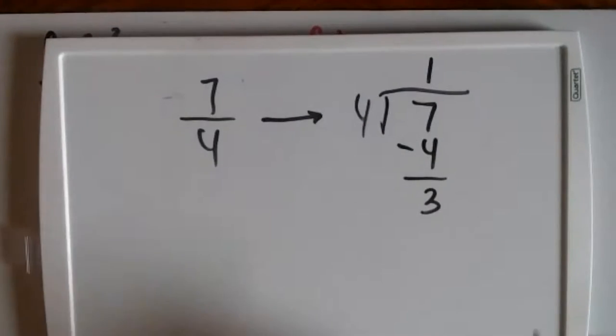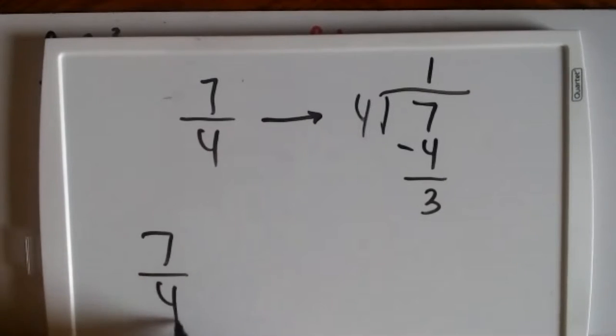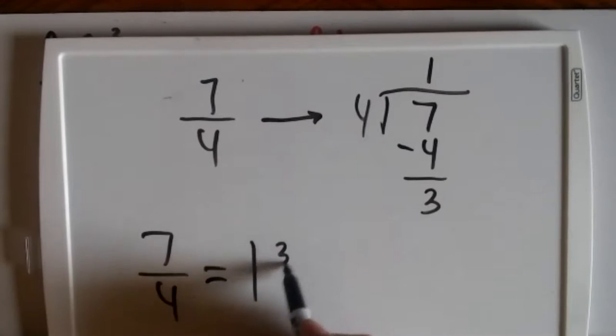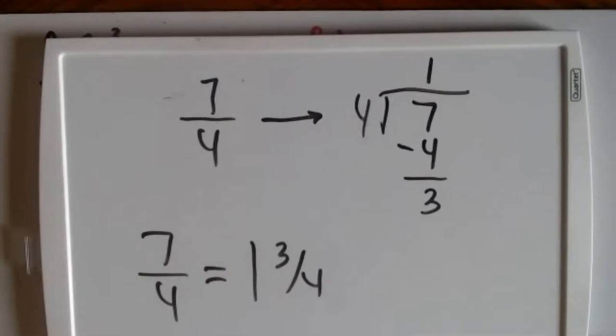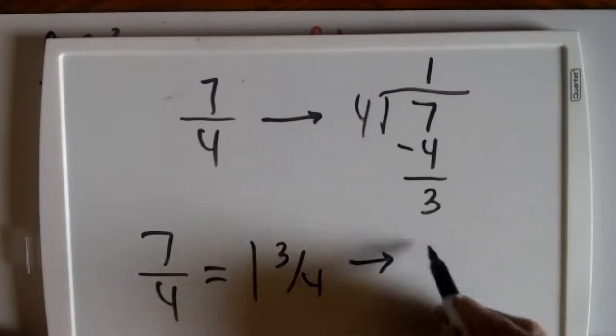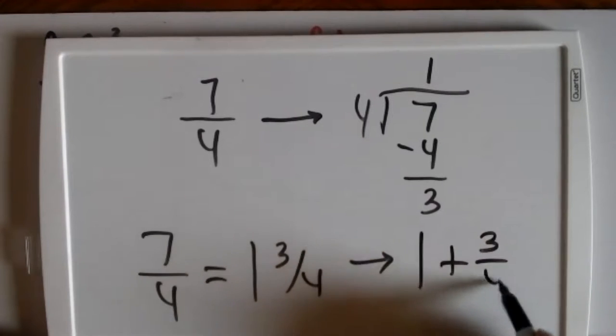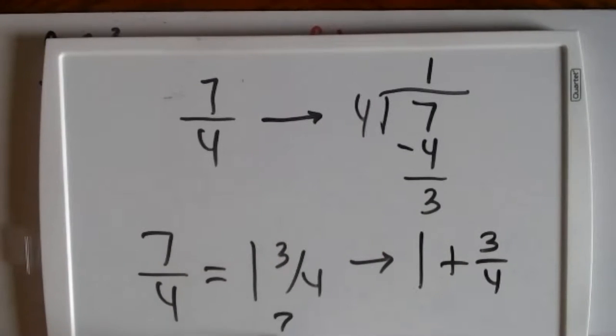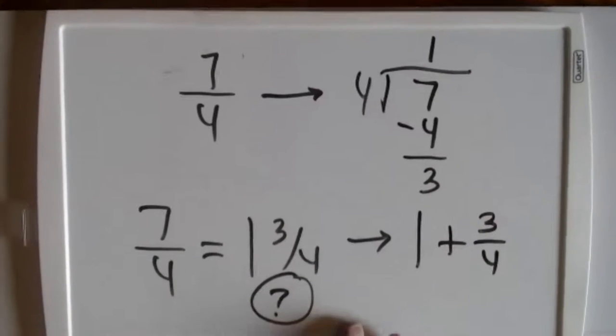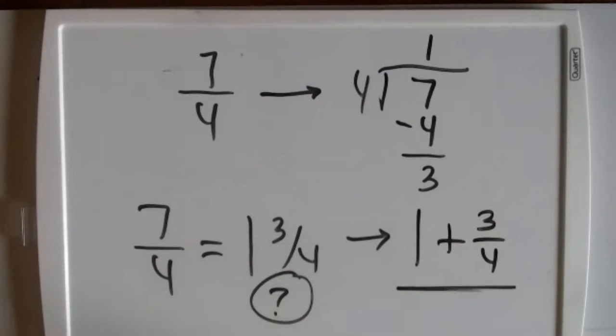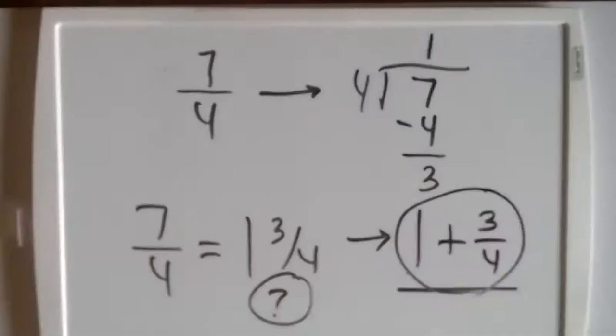Then I express 7 divided by 4 as 1 and 3/4, remember? And then really this is 1 plus 3/4. So this is just a shorthand, but not useful here in this class. This is the one that is the real important thing. So 7/4 is one whole plus 3/4. So this is the one we have to be aware of.